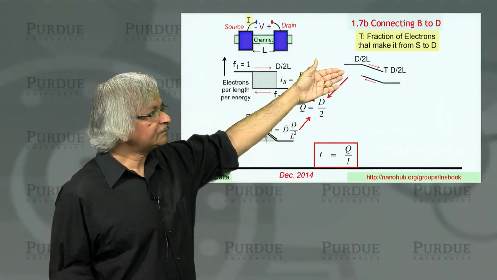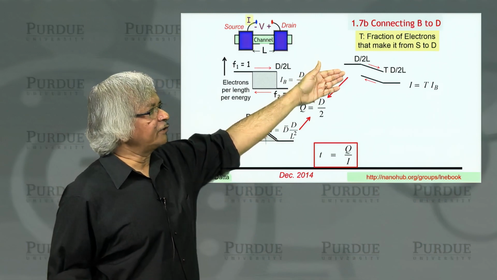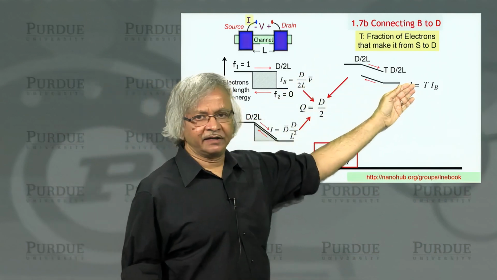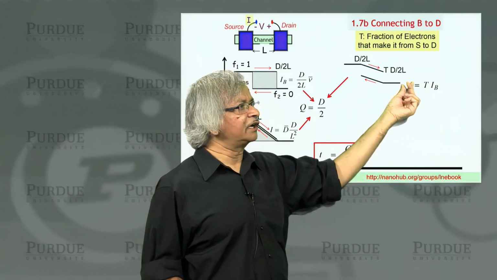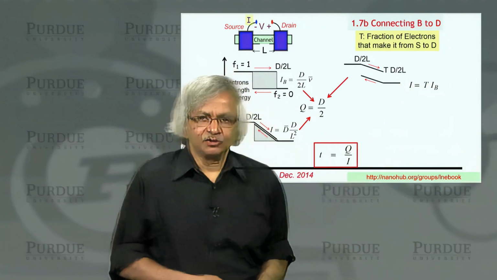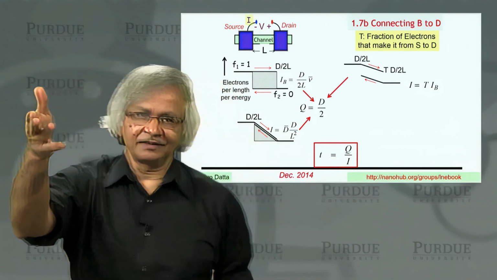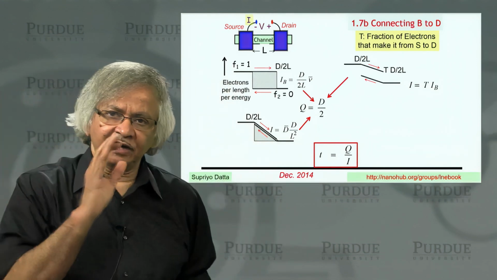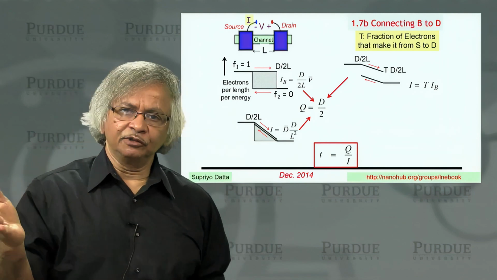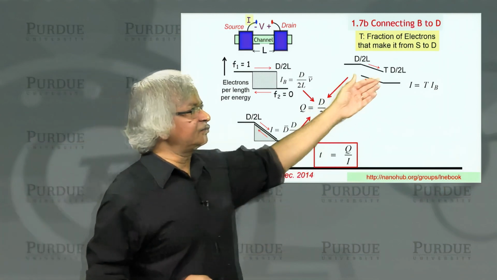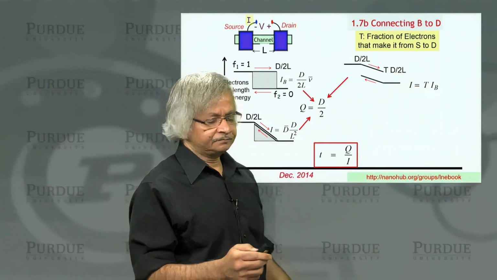So if you try to write the current, what you might expect is that whatever current you had in the ballistic case, now the current will be T times that, because only 50% of the electrons get through. Previously, if you had a ballistic current of, let's say, 2 milliamps, now you will have only 1 milliamp. So this current would be T times that.